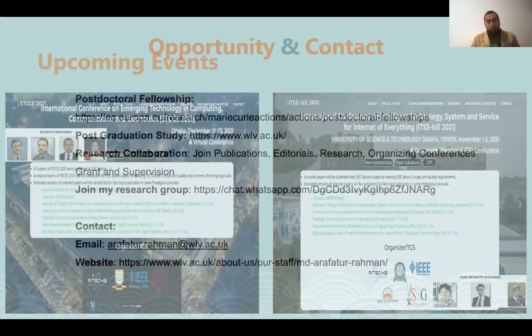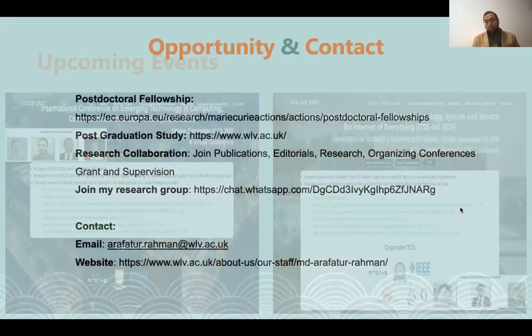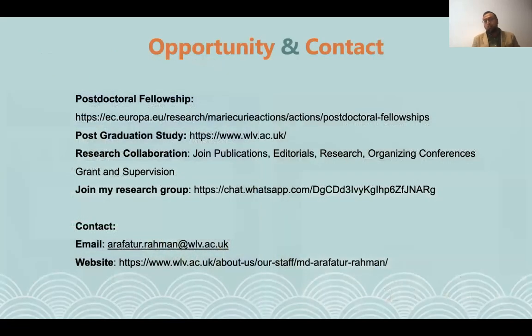And then what are the opportunities we can get? I would like to do collaboration with those who are involved in research. So we can do some collaboration for joint publication, editorial work, organizing conferences, and also doing joint supervision. And if anyone is interested in postgraduate study, you can explore our website.